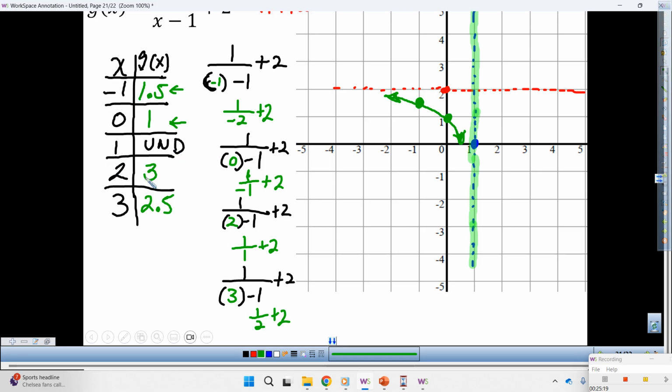Then undefined, let's go to 2, 3, which is right here. And then 3, 2.5, 3, 2 and 1/2. And there you go.